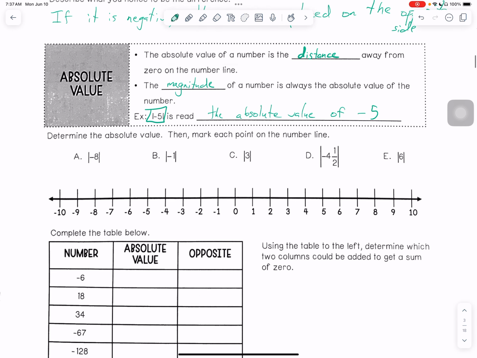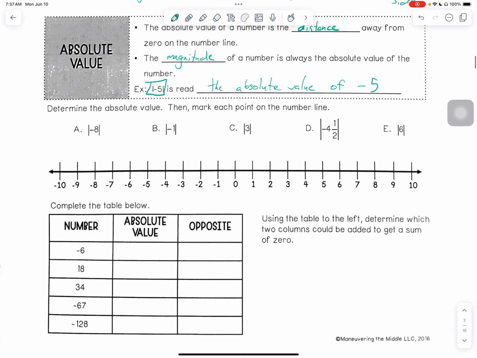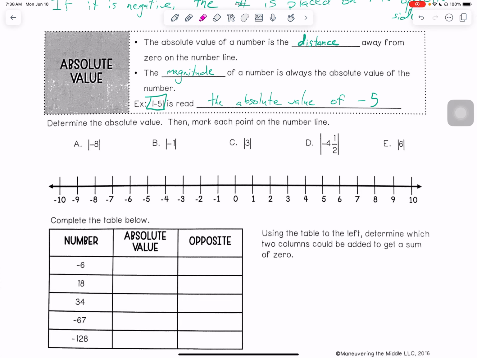As we look down here below, it says determine the absolute value, then mark each point on the number line. Well, the absolute value of -8, remember, absolute value is the distance away from 0 on the number line.